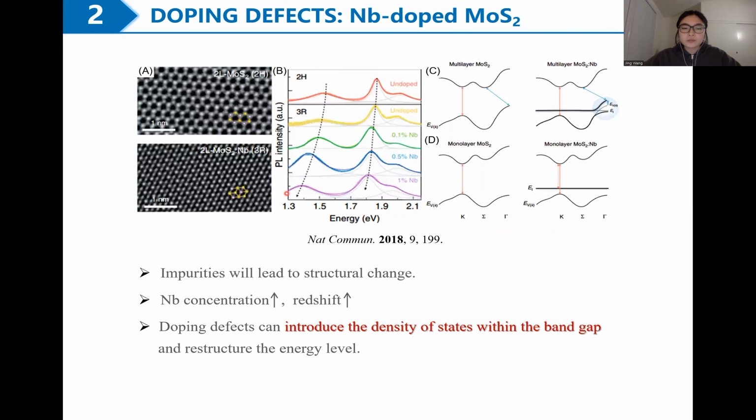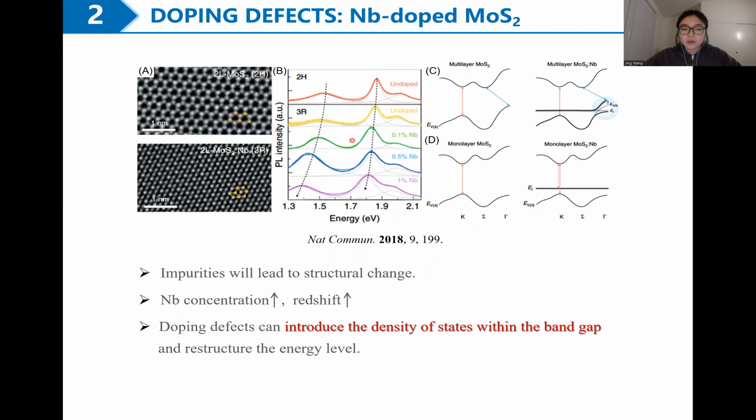The other example is niobium-doped MoS2. In this situation, the impurities will also lead to a structure change. Like figure A, the introduction of niobium can lead to the MoS2 structure changing from 2H to 3R. And 3R stacks with a slightly shorter interlayer spacing compared to 2H.